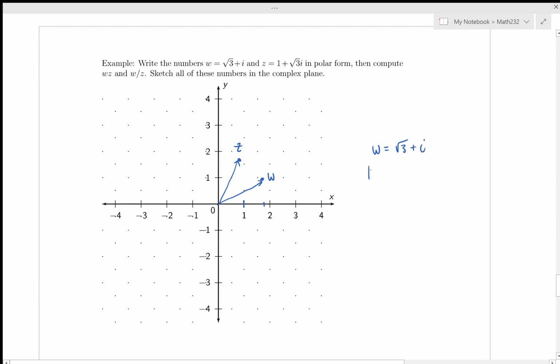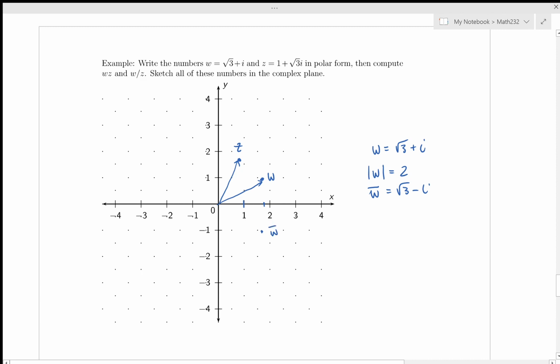The modulus of W is 2. That is root 3 squared, which is 3, plus 1 squared, so the modulus of W is 2. The conjugate of W is root 3 minus i. We could put that on here just because it's kind of fun. That is going to be right here, the conjugate of W, for example.